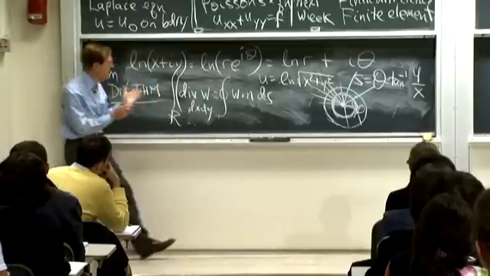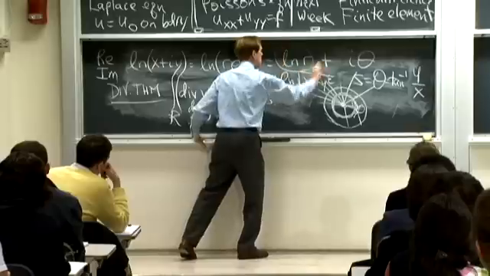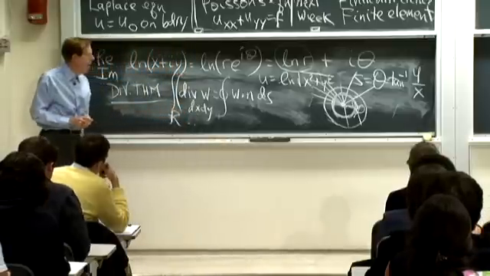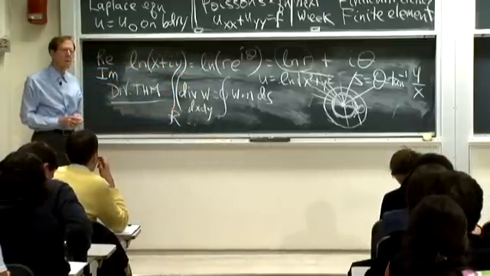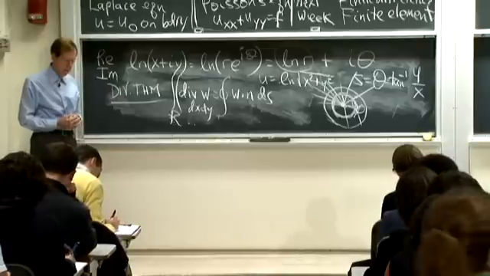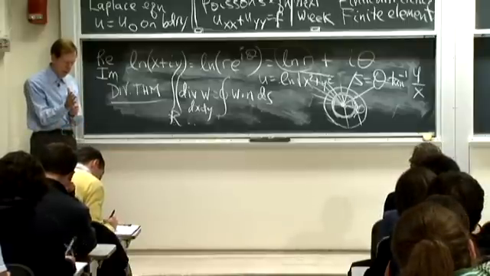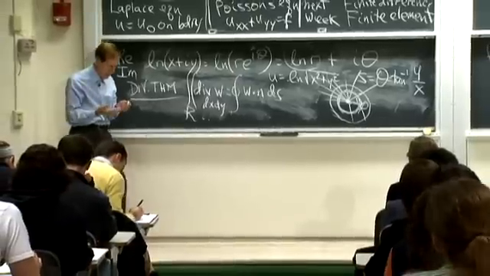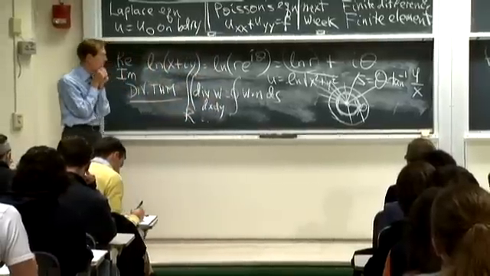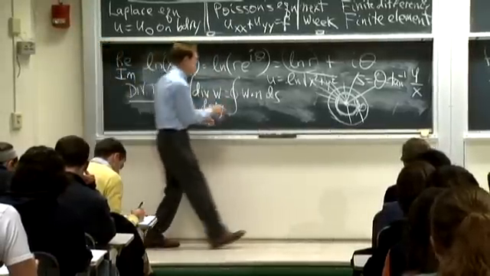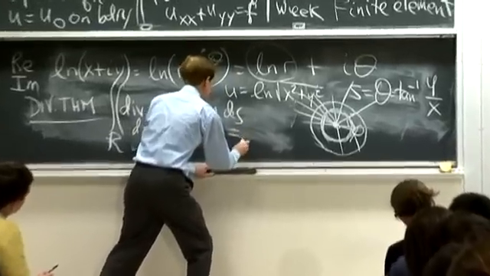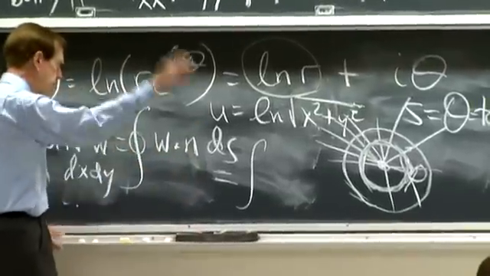Okay. Here's my u, log r. What's the gradient of log r? It points outwards. And how large is the derivative? So the derivative of log r is 1 over r. I think this comes down to the integral around the circle.